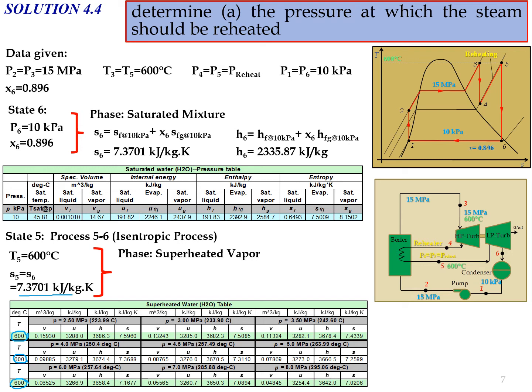The entropy at 2.5 megapascal is 7.5, which is larger than 7.3, and the entropy at 3 megapascal is also larger than 7.3, and it keeps decreasing with increasing pressure. So the closest one is this value. We know that the pressure of state 5 is in between 4 megapascal and 3.5 megapascal.